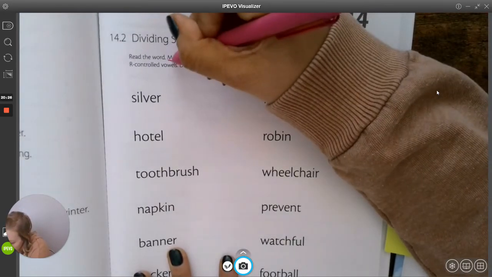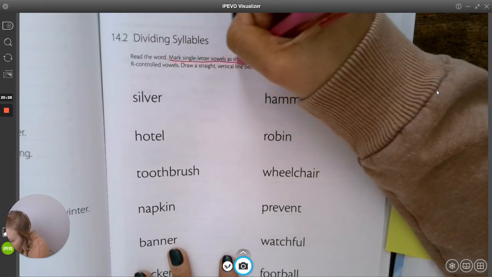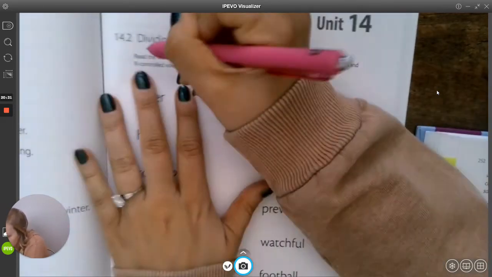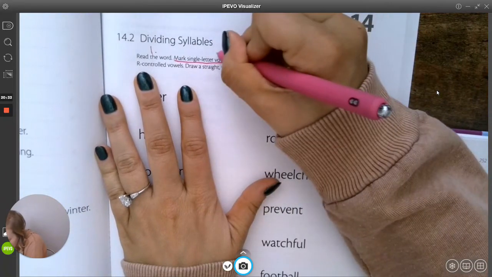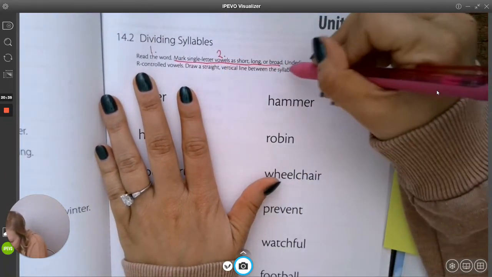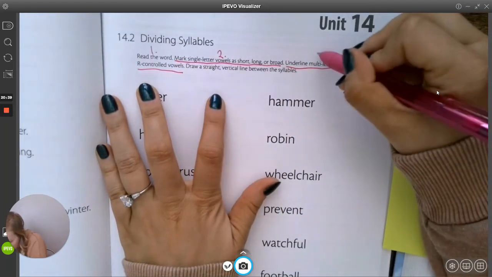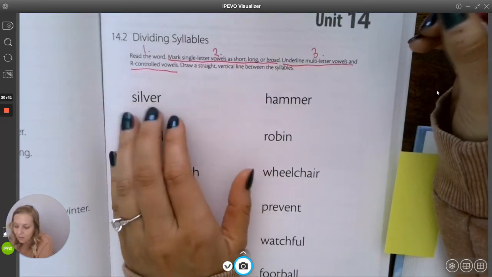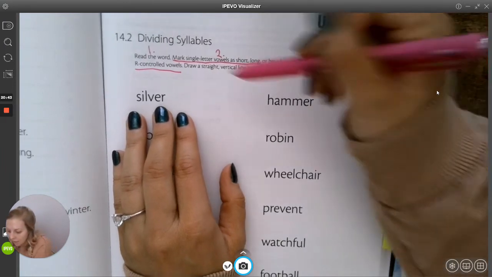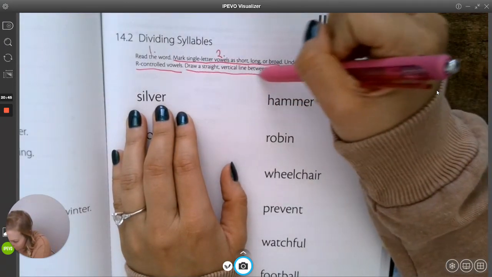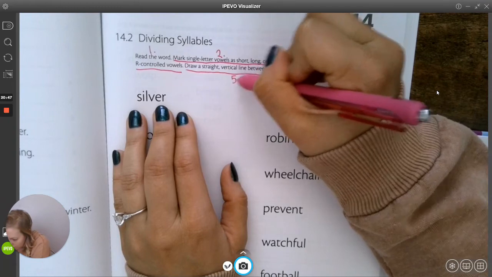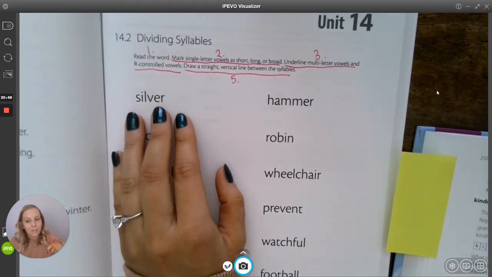So you have a few steps to do. First, read the word, then mark the vowels, then underline the multi-letter vowels and R-controlled vowels, and then you're going to draw our syllable divider line.